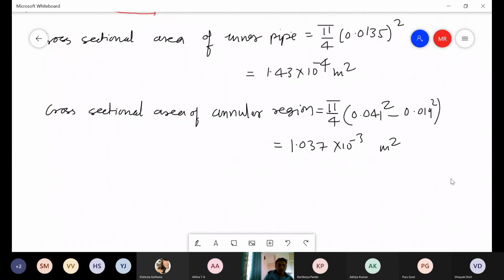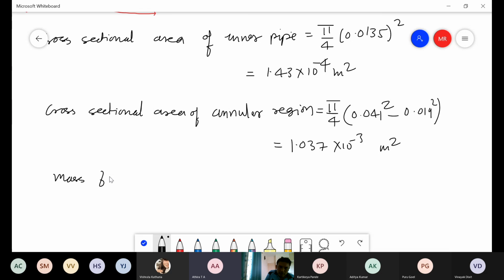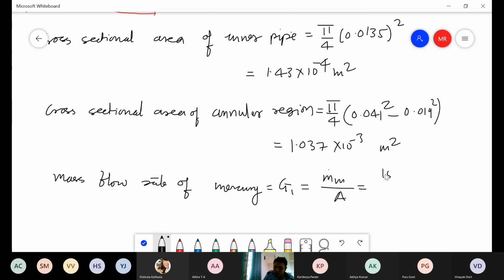Okay, so now the mass flux of mercury is going to be G1, that is given as m dot by area. So m is 1500 kg per hour is given, so divided by 3600, that is kg per second, divided by the area.